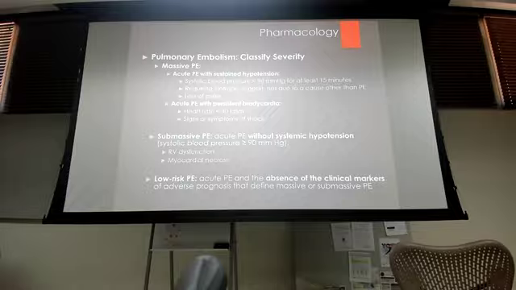You can consider lytics, the thrombolytics, for a submassive, but it's going to be based on those biomarkers and also the amount of right ventricular dysfunction. And then low risk PE, no surgery, no clot busting, just anticoagulation. For the right ventricular changes, usually that's going to be showing up on echo, and then the markers, the BNP and the troponin. The troponin I mentioned, but you don't need to know those at this point.